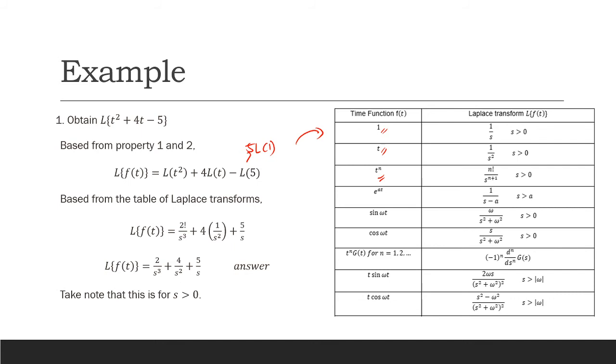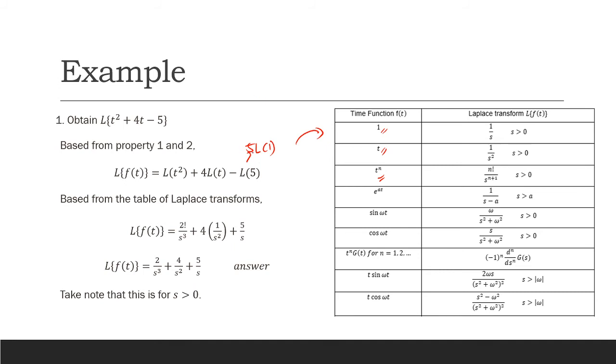Now, take note na that this is for S is greater than 0. Kasi kapag hindi yan greater than 0, ang tendency niyan, class, is magkaroon tayo ng diverging yung mga terms natin. So, hindi natin siya malalaplace transform. Remember, shortcut lang natin yung operation na ginagawa natin kanina.